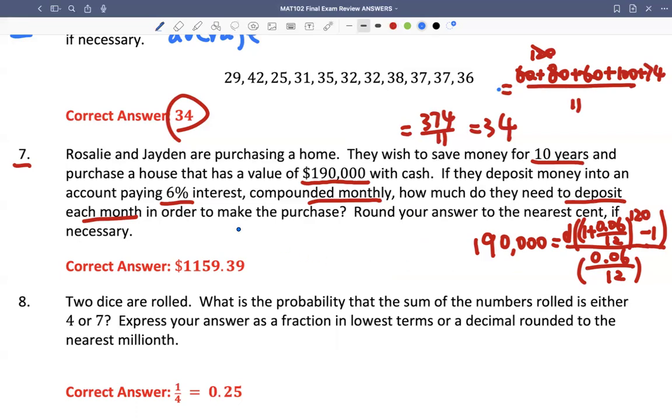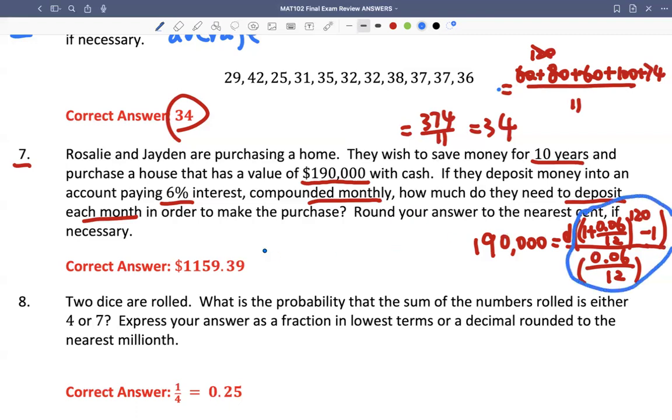The fraction we have is 0.06 divided by 12. If you have a good calculator, you can put it in one shot. Otherwise, you just do it step by step. You do 0.06 divided by 12, which gives you, so let's rewrite this part.